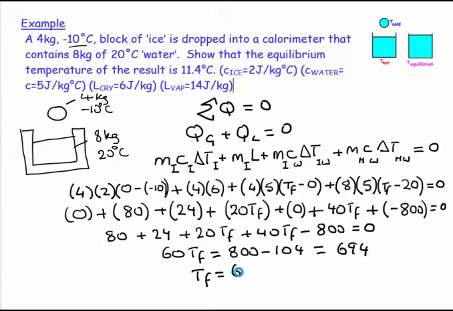And there's going to be 694 over 60, which equals, that goes in that once, 1, 5, 30, sorry, I'm doing it in my head and I shouldn't do it in my head. It goes into 1, 6 goes into 9, 1 carry 3, 6 goes into 34, 5 times carry 4, 6 goes into 40 6 times, and that's going to be 11.56 degrees C.